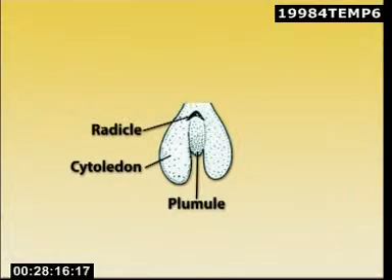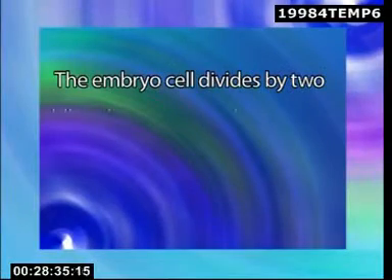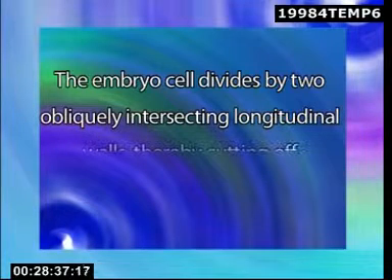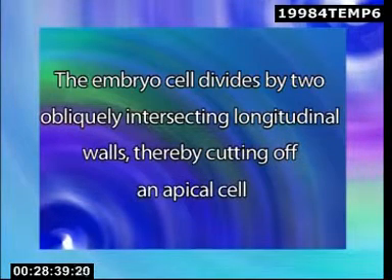The embryonal cell now divides transversely to form a basal embryo cell and a terminal cell. The terminal cell divides immediately in a longitudinal fashion to form 2 cells which elongate considerably to form the embryonal tubes or secondary suspensor. The embryo cell divides by 2 obliquely intersecting longitudinal walls, thereby cutting off an apical cell.